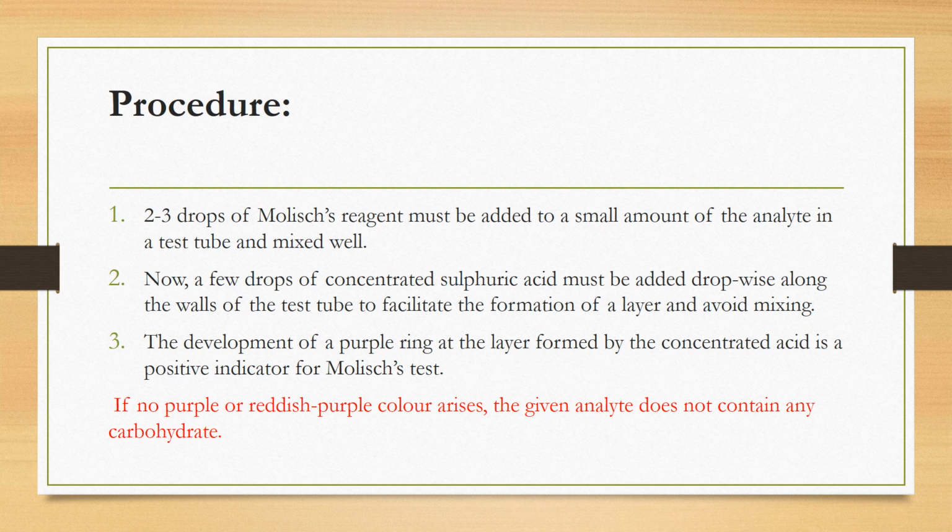Okay. Now a few drops of concentrated sulfuric acid must be added dropwise along the walls. We add it at the wall of the test tube to facilitate the formation of a layer and avoid mixing.